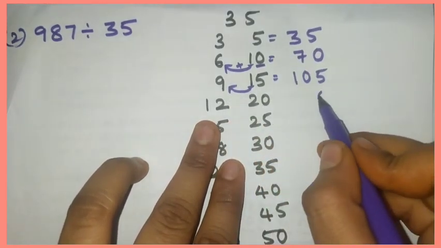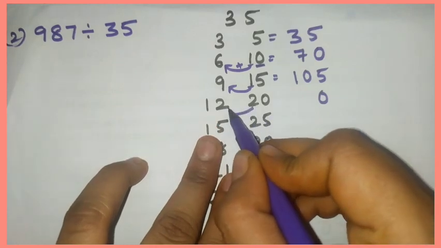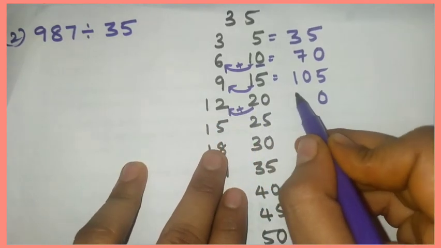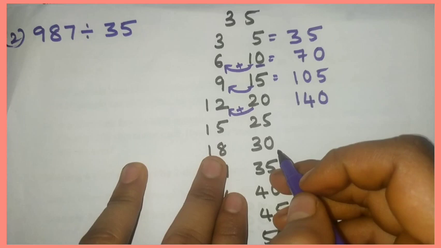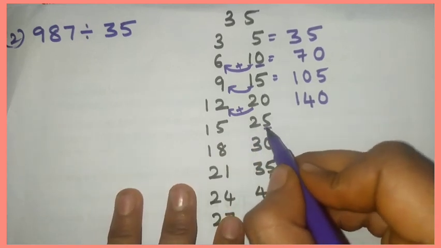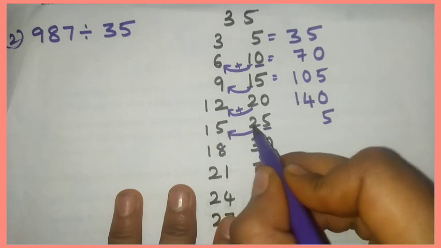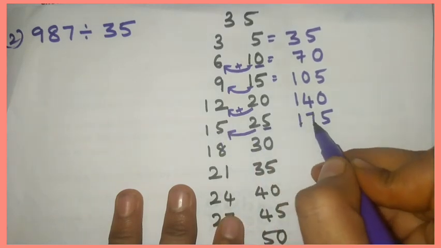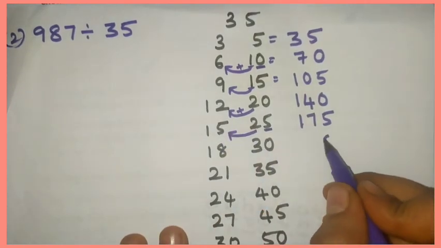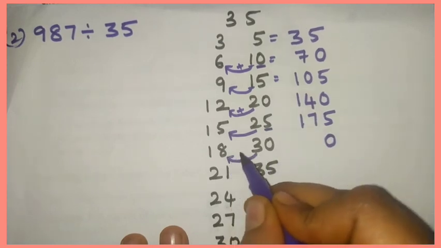This 0 is written directly, and this 2 is added here. 12 plus 2 is 14. Now this 5 is written directly, and 2 is added here. 15 plus 2 is 17. 0 will be written directly, and 3 is added here.